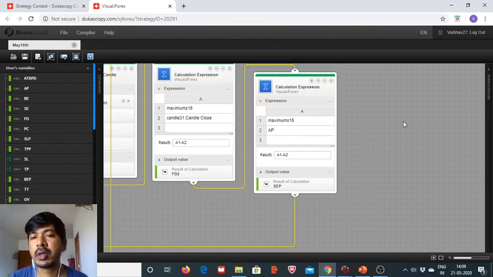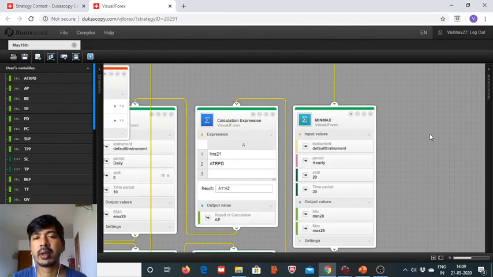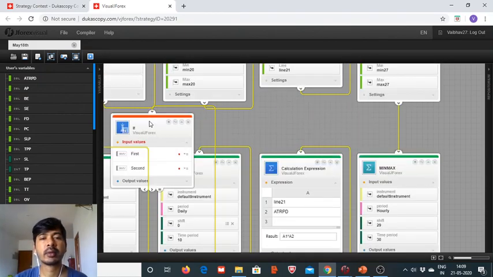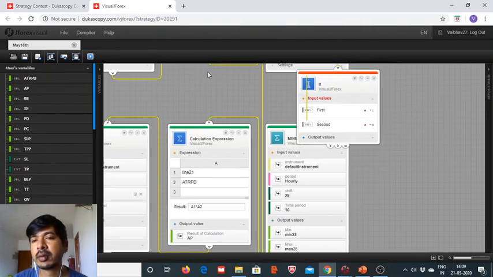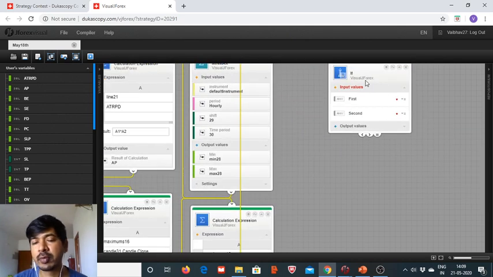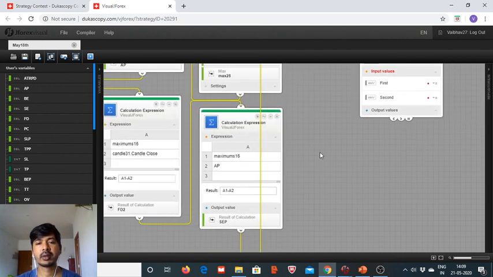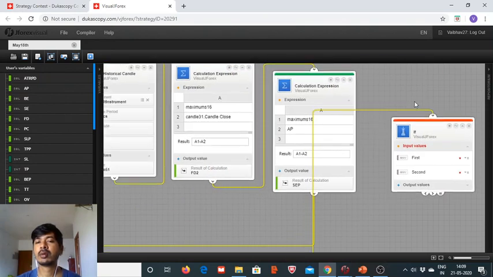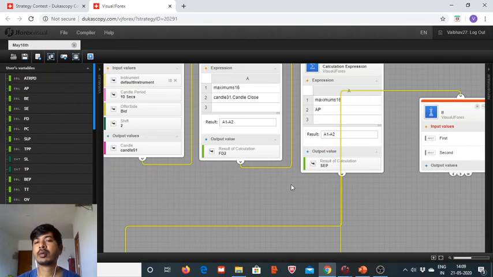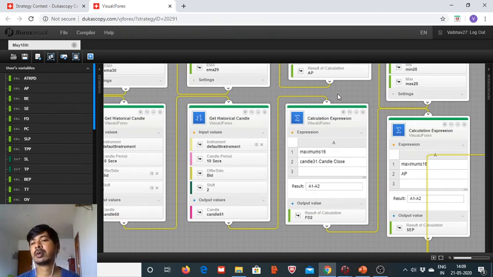Now what we need to do is bring in one last requirement, whether the price is starting to fall from the 5% of the ATR range, and for that we need to do some calculation.